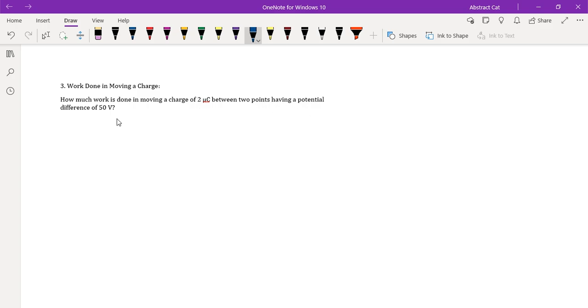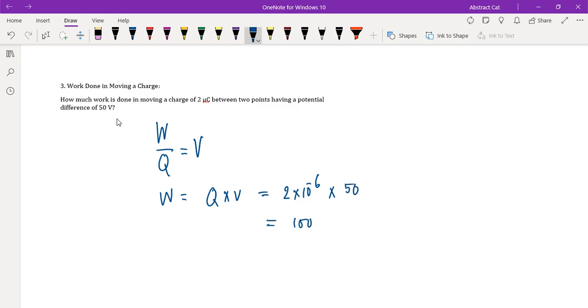Work done: W by Q is equal to potential, so W equals Q times V. Q is 2 microcoulomb, that is 10 to the power minus 6, and V equals 50 volt. So we get 100 into 10 to the power minus 6 joules. That's a very easy numerical.